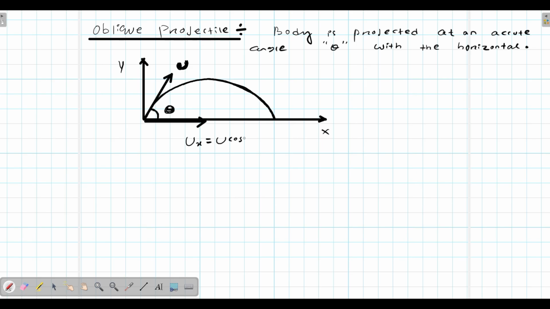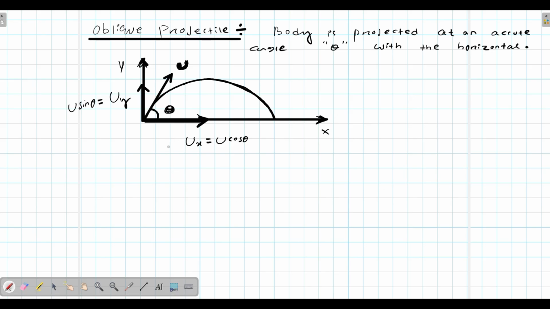Its vertical velocity uy equals u sin theta. So ux is u cos theta, uy is u sin theta.